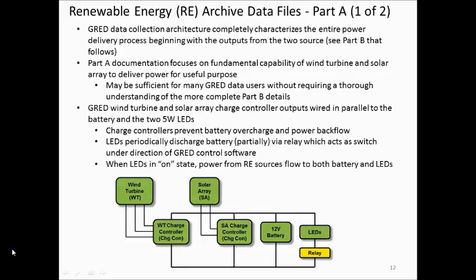Understanding the renewable energy data is inherently more complex than is the case for the environmental data. The renewable energy data is inherently more complex because it depends on all of the components shown in the block diagram here.